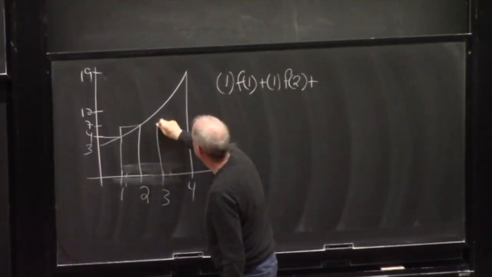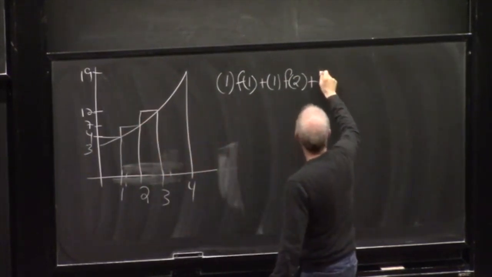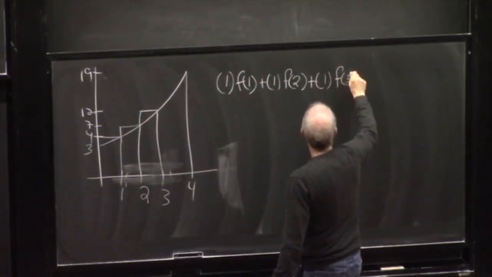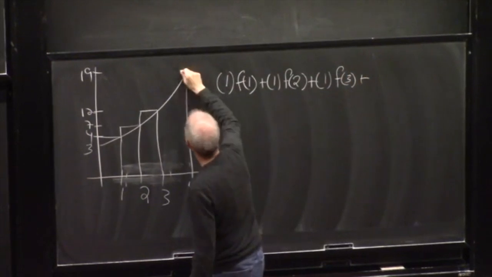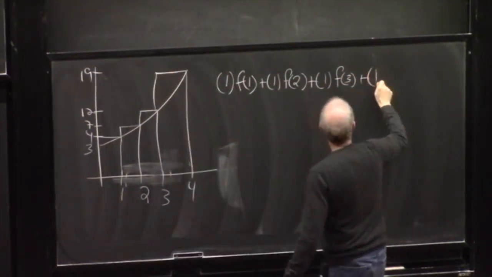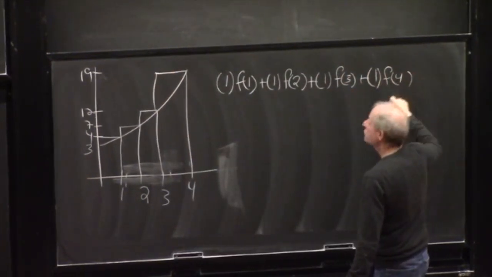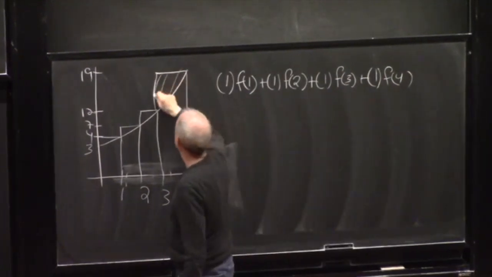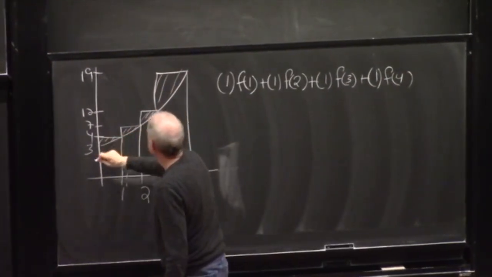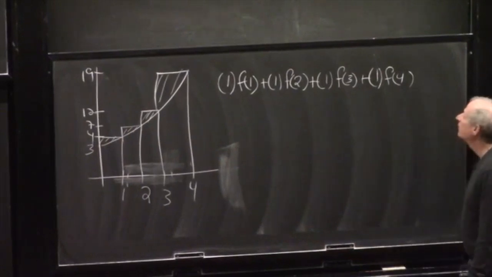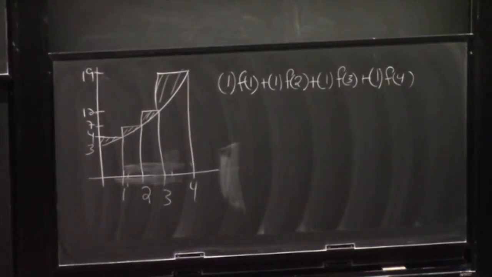And I go up to 3 and across. And 4. And across. So I've certainly overestimated this time. But let's see what that comes out to.